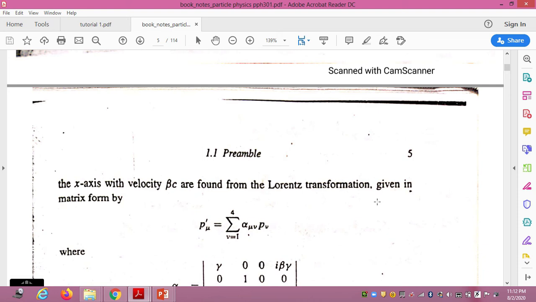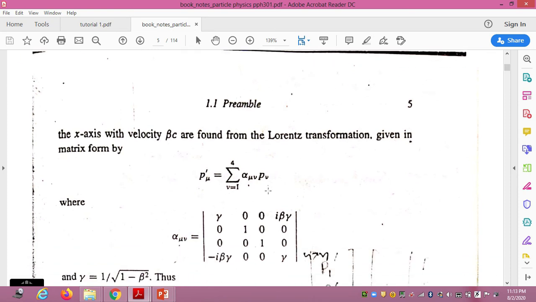That means whenever we are going from one frame of reference to another, we have to define the parameters or the equations of motion in such a way that the parameters of that entity, or that particle, do not change. So here we have to use the transformation in such a way. So here you can see that the transformation is given in this way.